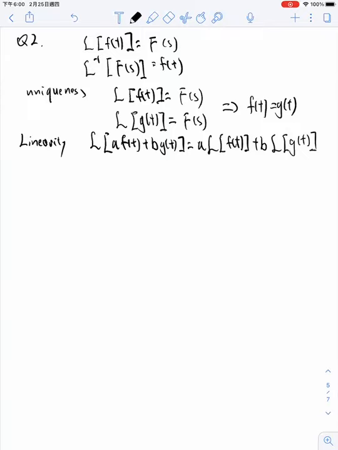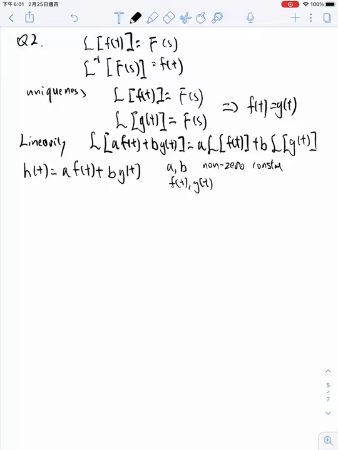So how are we going to prove the inverse Laplace transform is also linear? First, let's say we have a function h(t), which is the combination of two functions, f(t) and g(t). Again, a and b are some non-zero constants, and f(t), g(t) are any two functions.